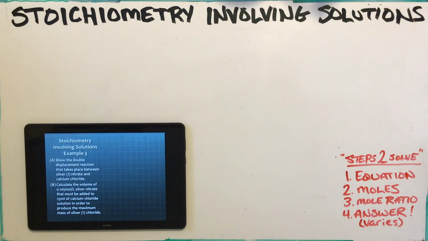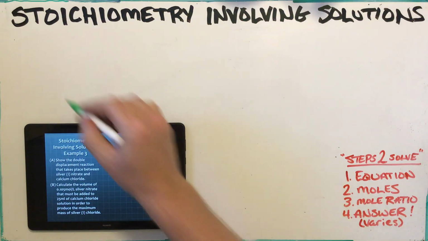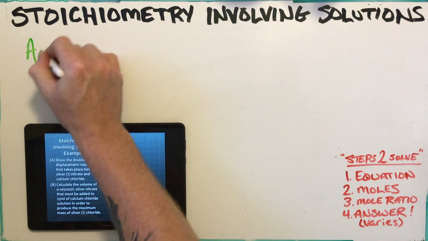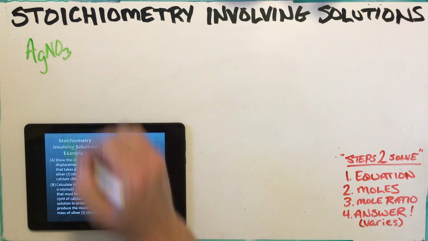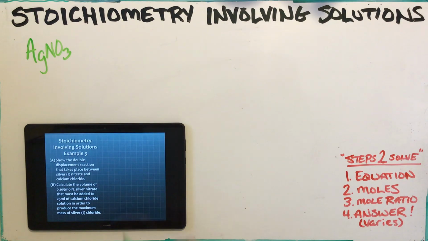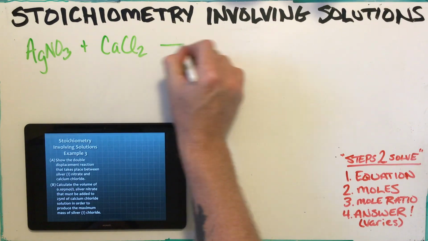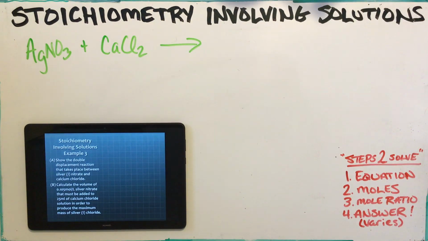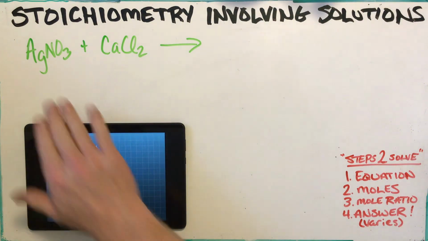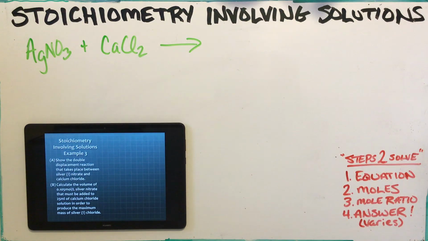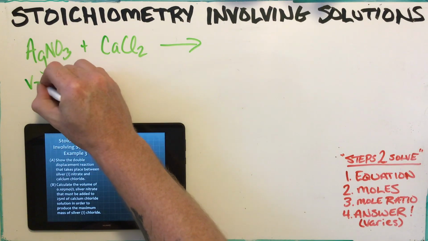Show the double displacement reaction that takes place between silver 1 nitrate, so AgNO3, and calcium chloride. And then it says, once I finish off this reaction, which is part A, calculate the volume of silver nitrate. So volume of this is what I've got to find.